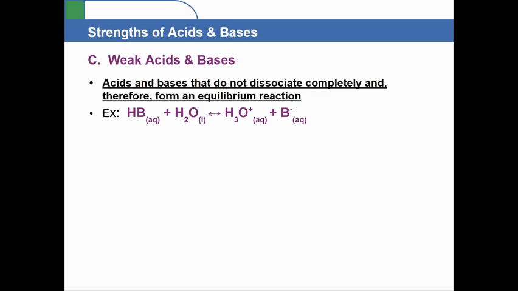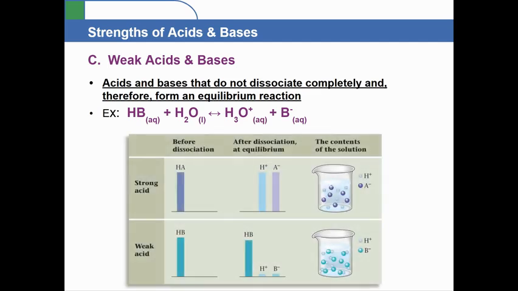But if you notice, in the middle, it's a two-way arrow. It's an equilibrium arrow. Therefore, this is an equilibrium reaction, and therefore it is a weak acid. If you look at the difference graphically, before you dissociate you have that much strong acid, and after dissociation you have no more strong acid. All of it has become hydronium ions and the anions.